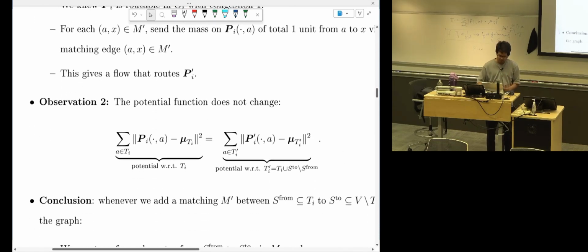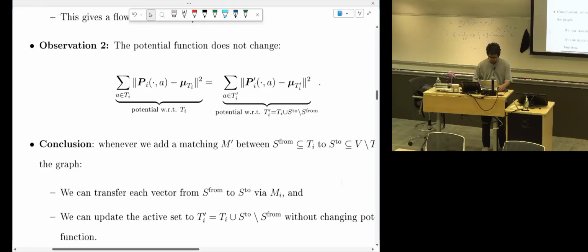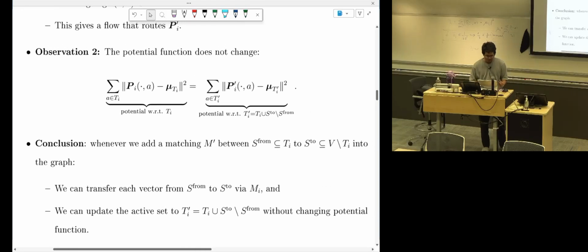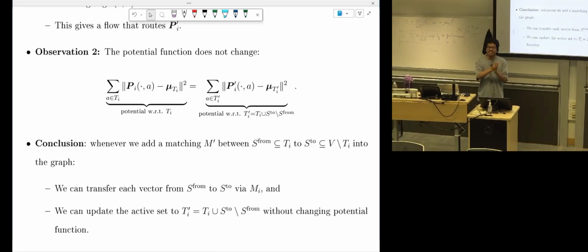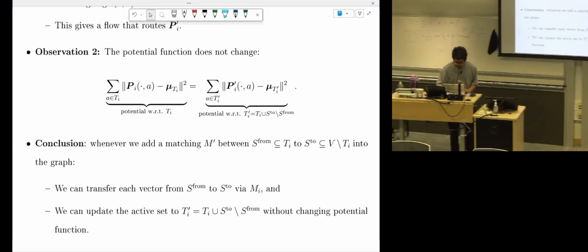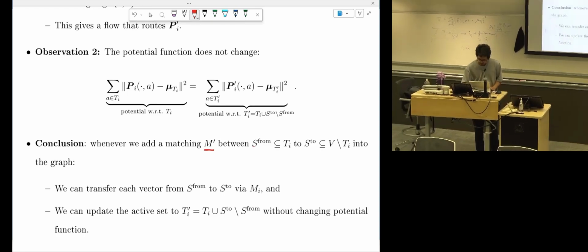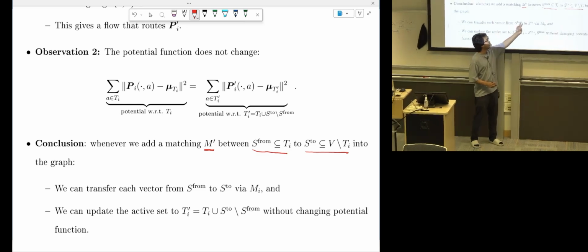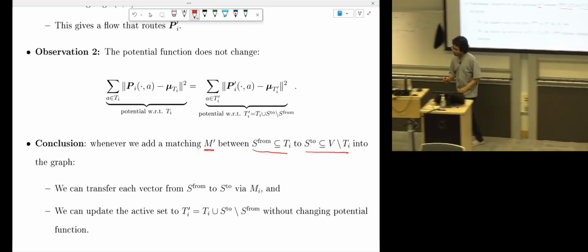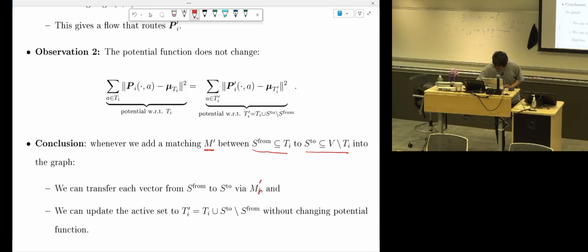So what do we learn from here? The point is that I have the ability to move anything from the active part to the inactive part as long as I add some matching. Whenever I add a matching M prime from the active part to the inactive part to the graph, then we can literally just transfer the vector from S from to S2 through this matching M prime.